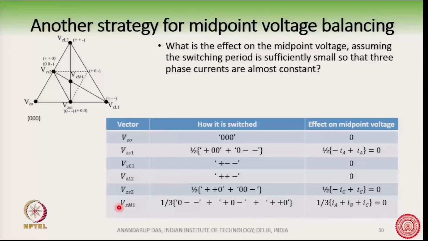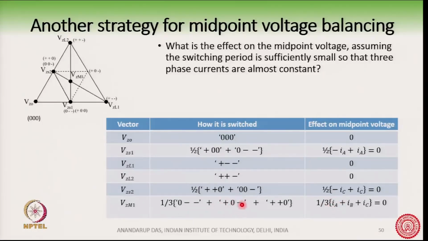Now, you see the effect of VZM1. You will see why VZM1 has been defined in this particular fashion. How have we defined it? We are switching 1/3 of 0 minus minus, plus 0 minus, and plus 0, 1/3 of each. What is the midpoint current with 0 minus minus? It is IA.